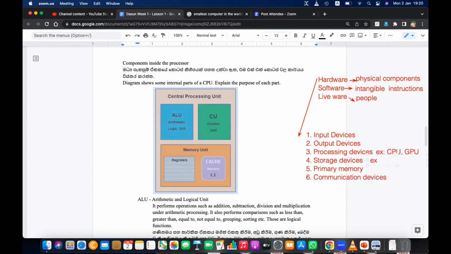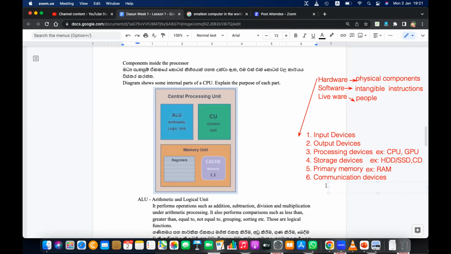Storage devices examples: internal storage, hard disk drive, SSD, pen drive, CD, DVD. All these are storage. Primary memory examples: random access memory. It's a primary memory, right?